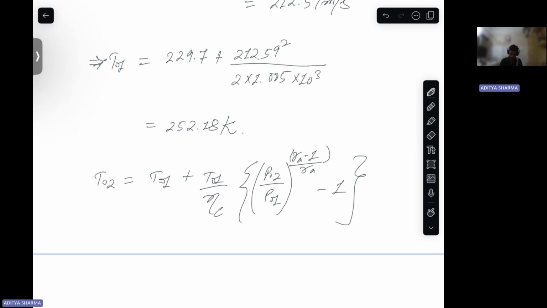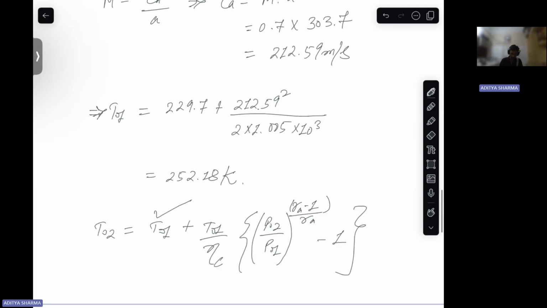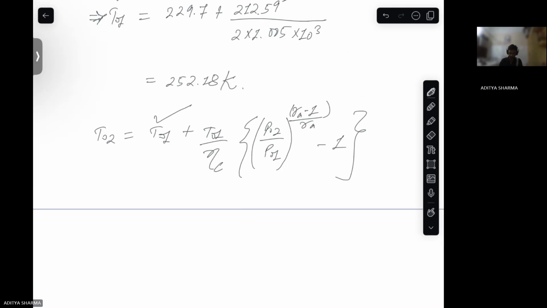But we want this. Okay. So in this formula, we have this. Okay, we just found out this. So this can be used here.